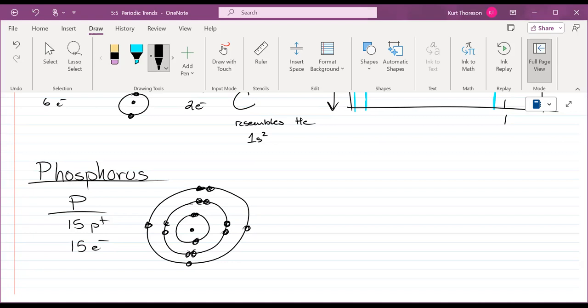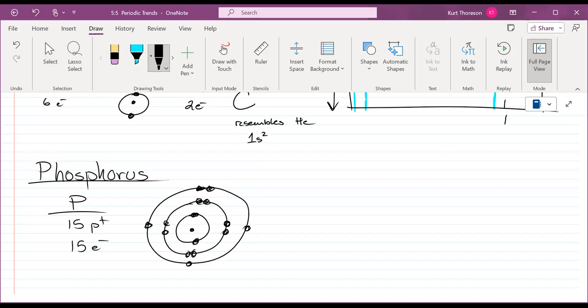Ava, how many valence electrons does phosphorus have? 5. How many does it need to be stable? Does it have 8? No. So right now, phosphorus is unstable.